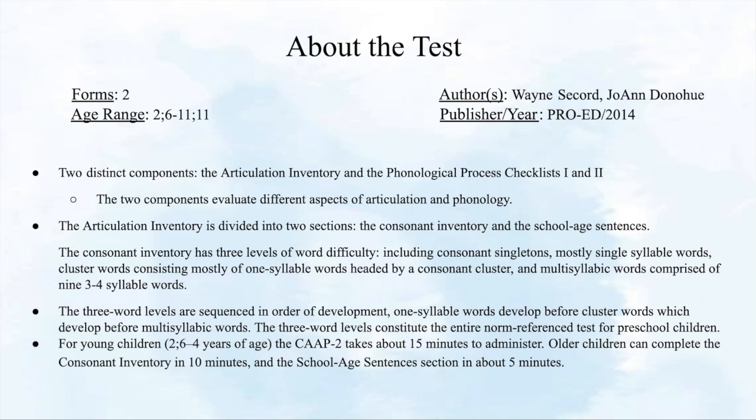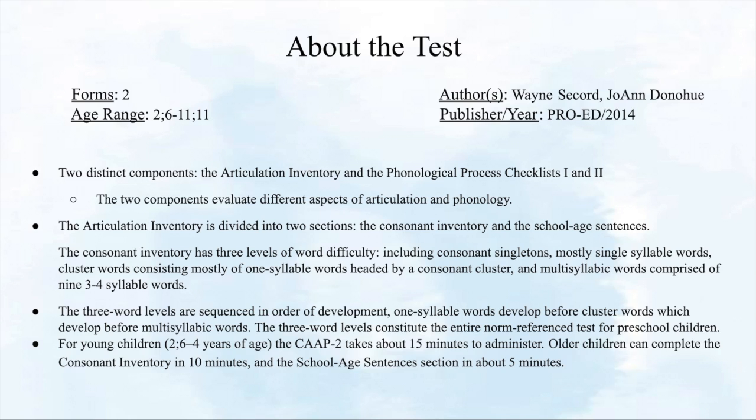And so a little more about the test is that it does, again, record articulation inventory and phonological processes through checklist 1 and 2. And then the articulation inventory is divided into two sections that are composed of consonant inventory and then school-age sentences, which are each administered. And then the consonant inventory has 3 levels of word difficulty, from consonant singletons to cluster words to multisyllabic words.